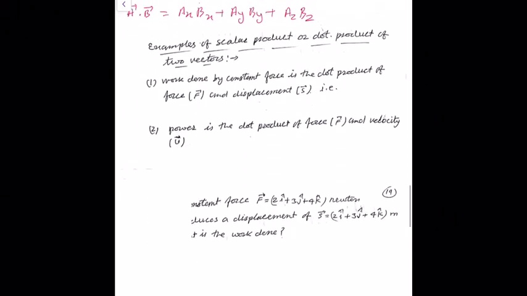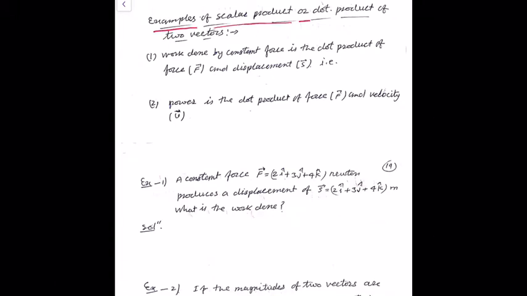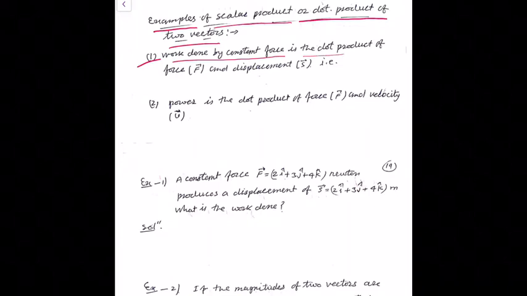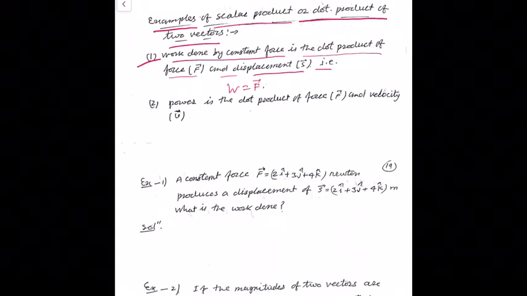Clear? Next, examples of scalar product or dot product of two vectors. First, work done by constant force is the dot product of force F vector and displacement S vector, that is W is equal to F vector dot S vector.